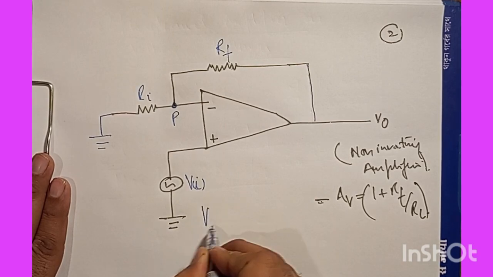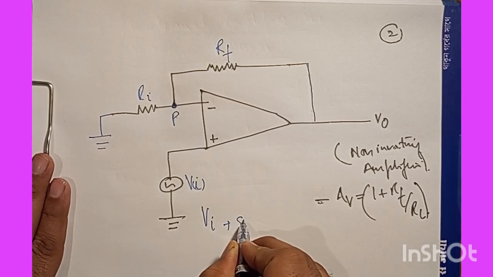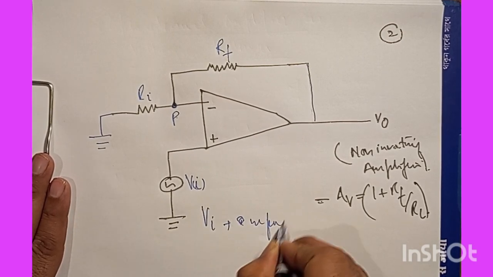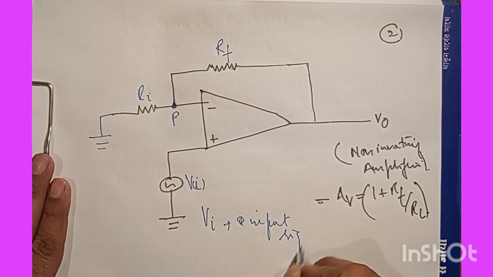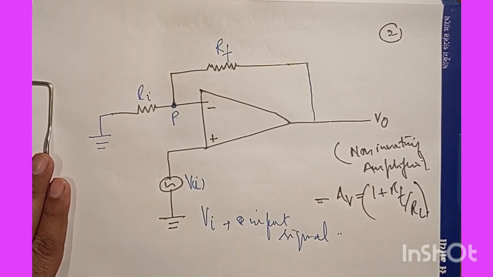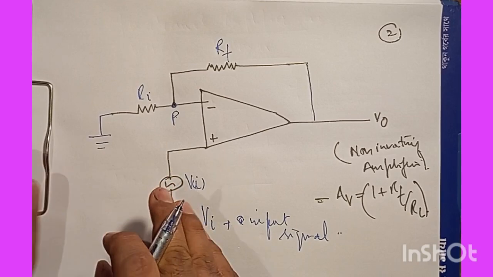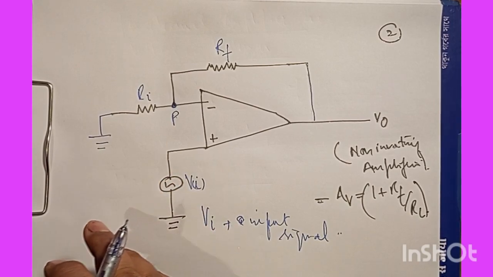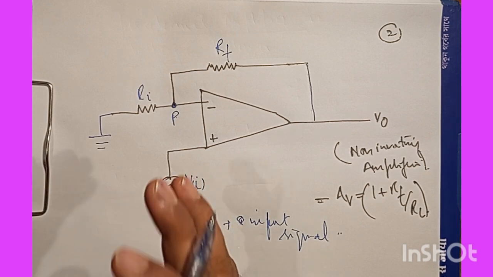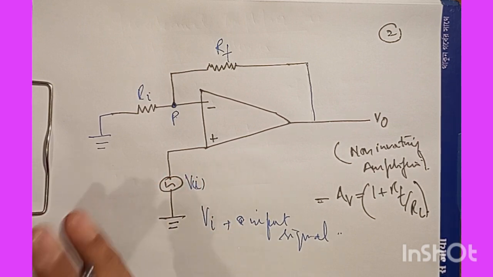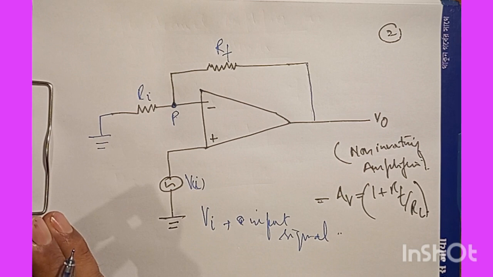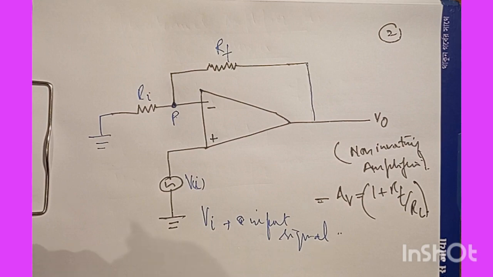Now VI refers to the input signal. Now, what is the necessary condition for an operational amplifier with extremely large impedance in the input circuit and extremely small impedance in the output circuit?